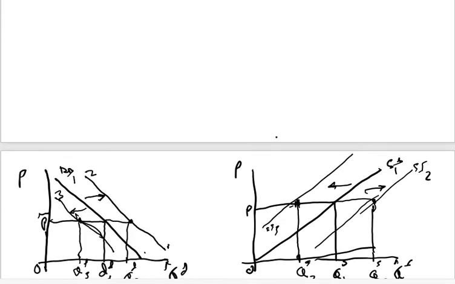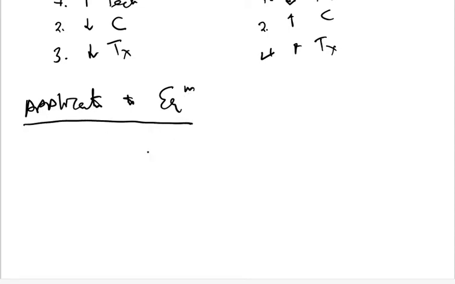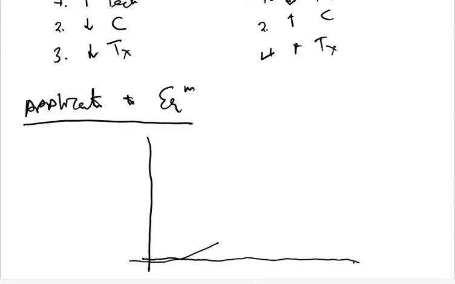Now, I want us to conclude with the application of these things. Let's apply this to the equilibrium condition. We know that in an equilibrium condition, we have quantity here, the origin, and the price.